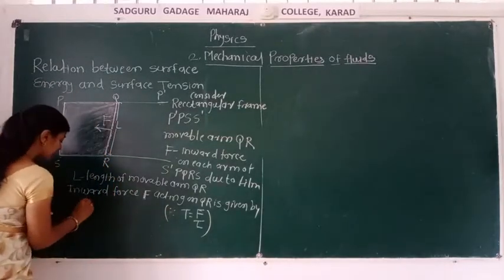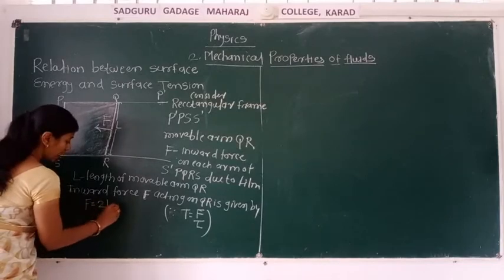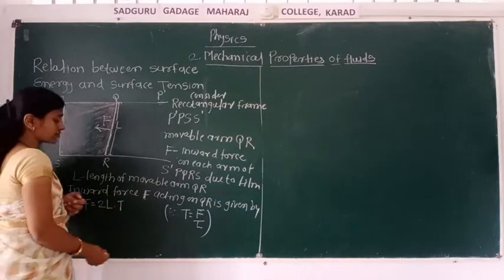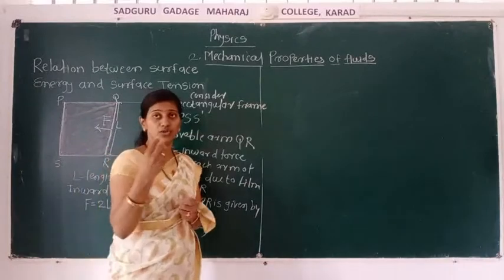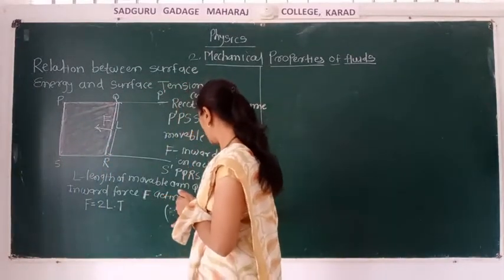But here we are getting a different value of force: force is equal to 2L into T. Now the question is why we are taking 2L? As per the formula, force is equal to T into L.